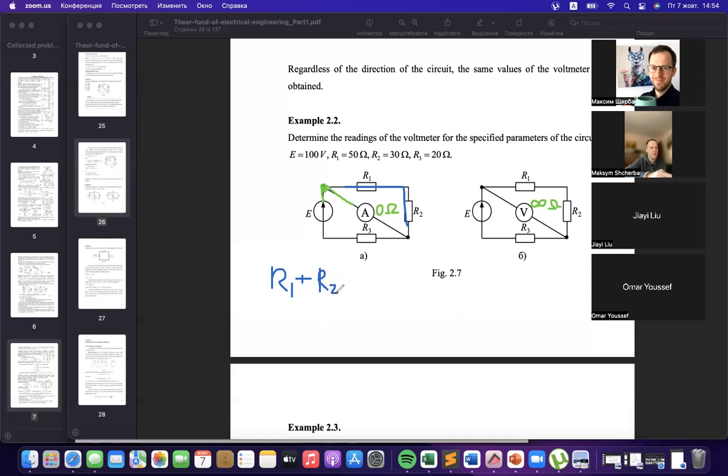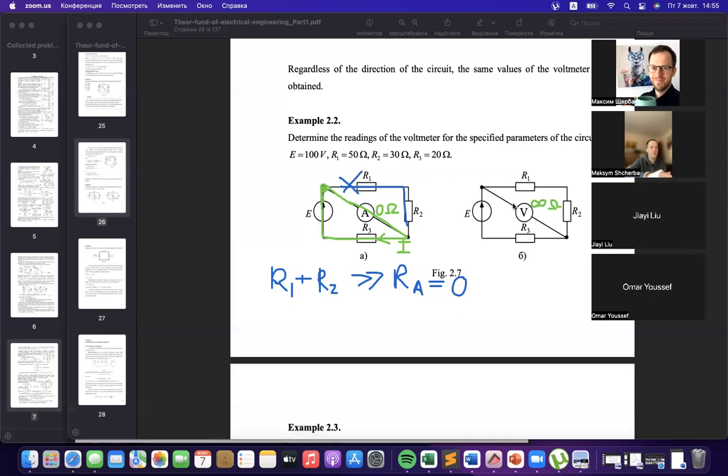The total resistivity of the upper branch is much higher than the resistivity of the ampere meter that equals 0. That is why current will flow in this direction. All current will flow through the ampere meter, and it will be the path for current. The second situation is completely different.